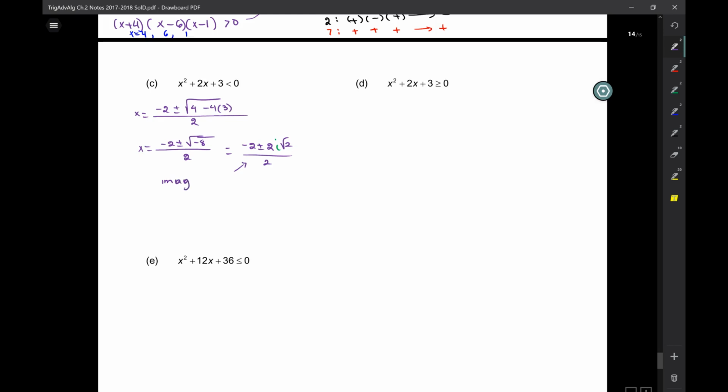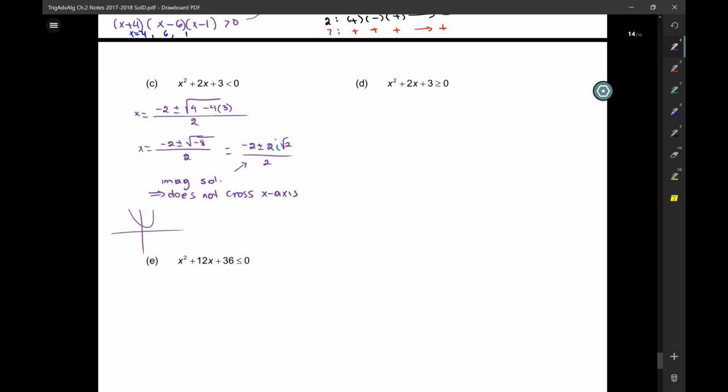Imaginary solution, which means does not cross the x-axis. So what kind of a graph is it if it doesn't cross the x-axis? Well, it's a parabola that's lying above the x-axis. Or it could be below. This one happens to be lying above. Because all the numbers are positive, that tells me that it's above.